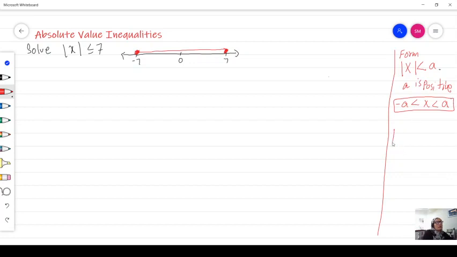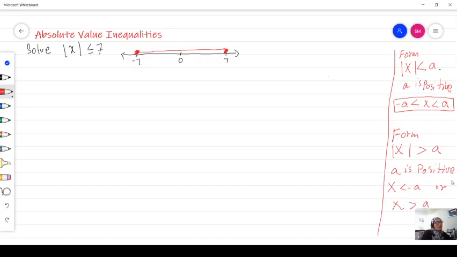I have another one, which is if you get the question in this form, for example, absolute x greater than a, and a has to be positive, then you are going to change this, without the absolute lines, to x less than negative a or x greater than positive a.